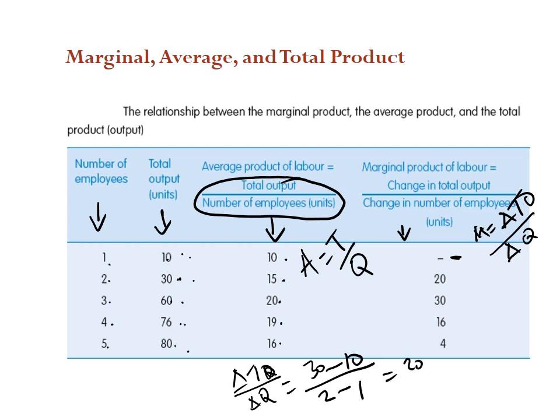That's 20 over 1, so that's going to be 20. Now let's see what happens when we have 5 employees. Using the same formula, what's our change in total output? It's going to be 80 minus 76, our former output, divided by 5 minus 4.